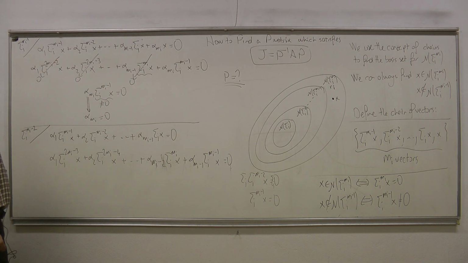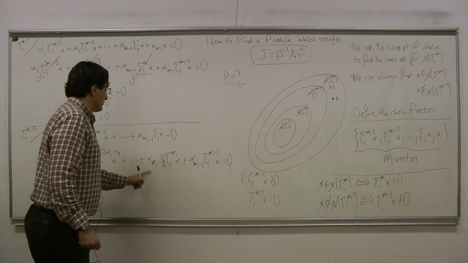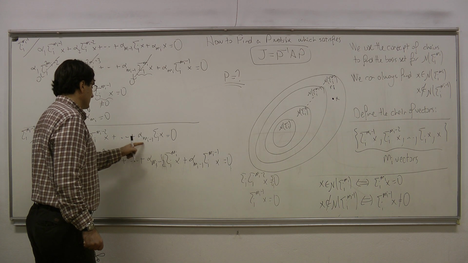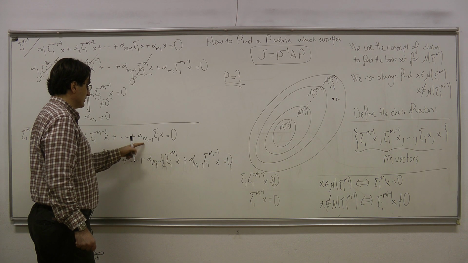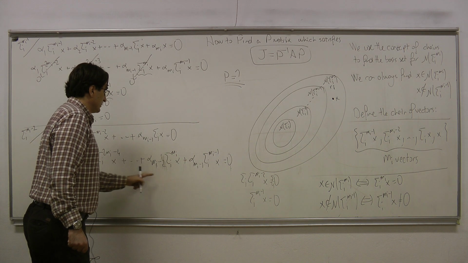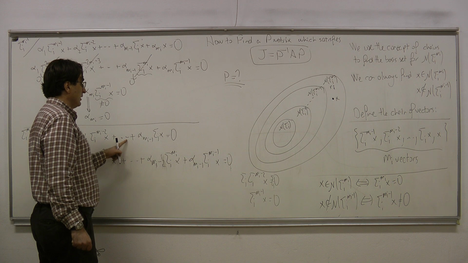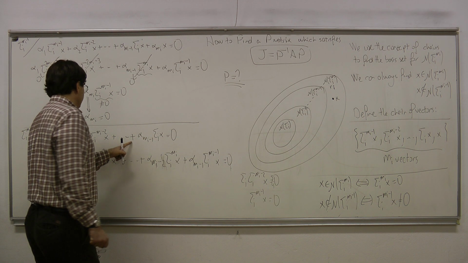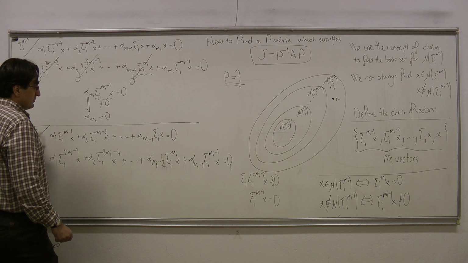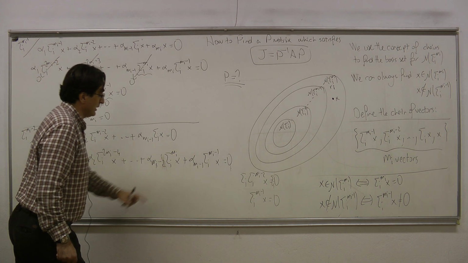Okay? So I have this equation. Here I have written also the second term from the right. This term, one before the last, is going to be sigma I square x, and sigma I square x times this matrix is going to be sigma I to the power mi x.